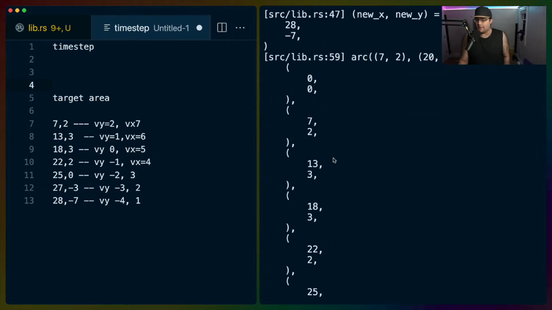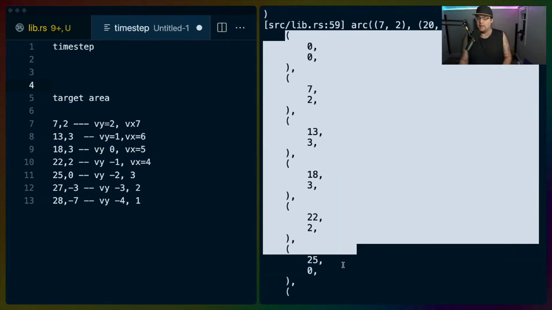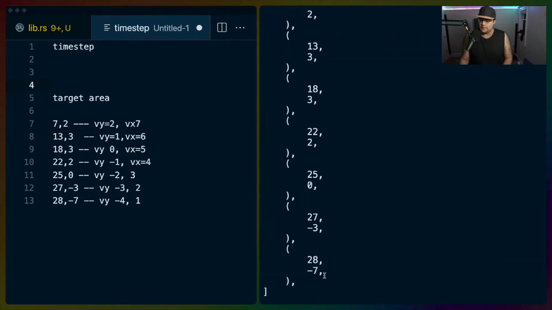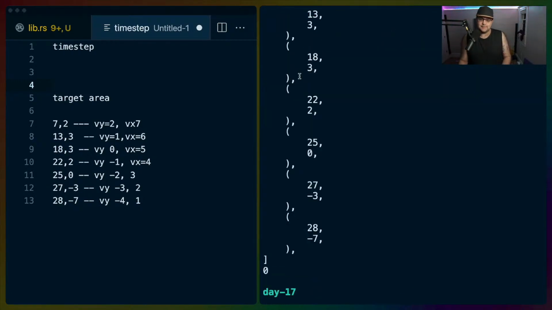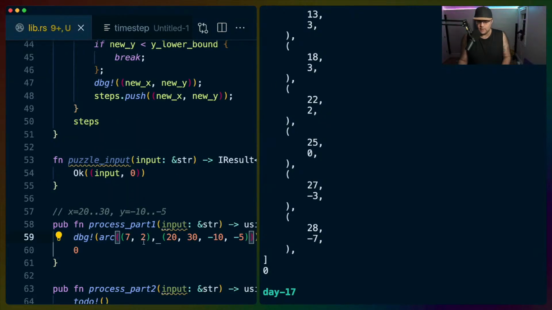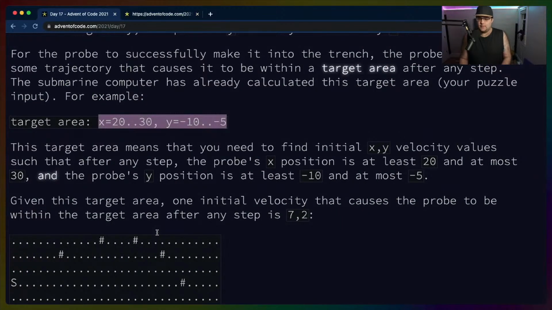Okay, so that gives us the brute force of everything that could possibly be there, I suppose. So now we really just need to bound the possible input. So like the 7 and the 2 kind of thing. I don't really know how to bound them, right?